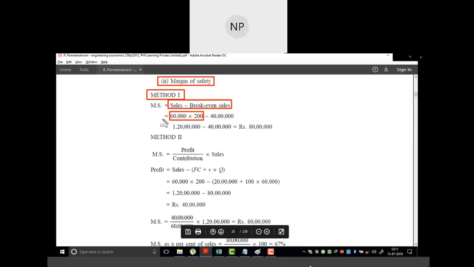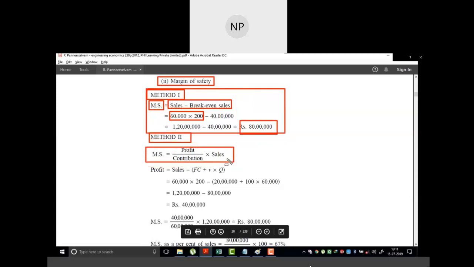So FC upon S minus V is equal to 20 lakhs upon 200 minus 100, that is 20 lakhs upon 100, which is equal to 20,000 units.